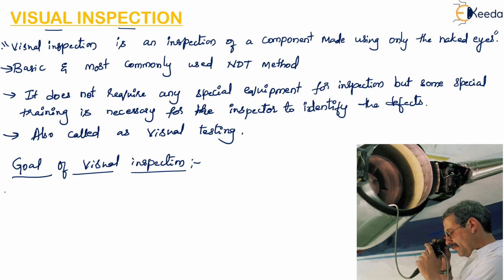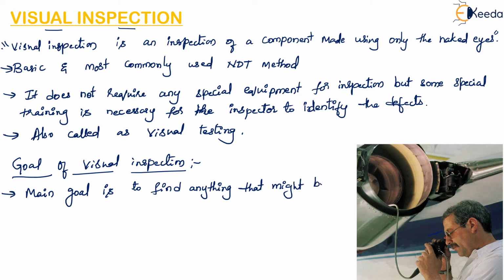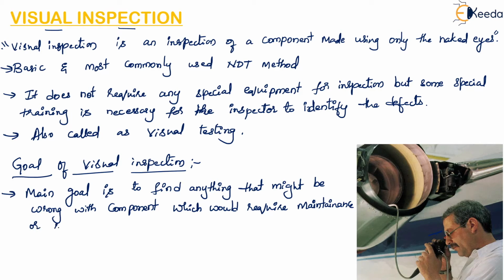The main goal of visual inspection is to find anything that might be wrong with the component which could require maintenance or repair.